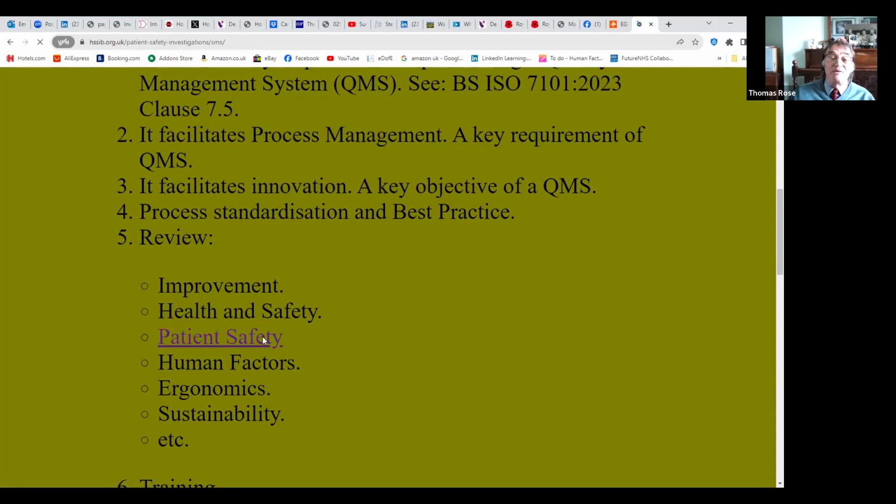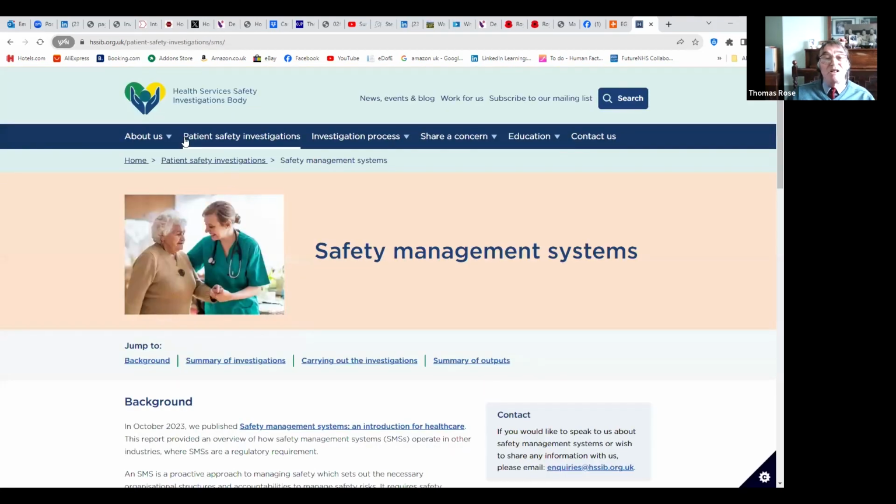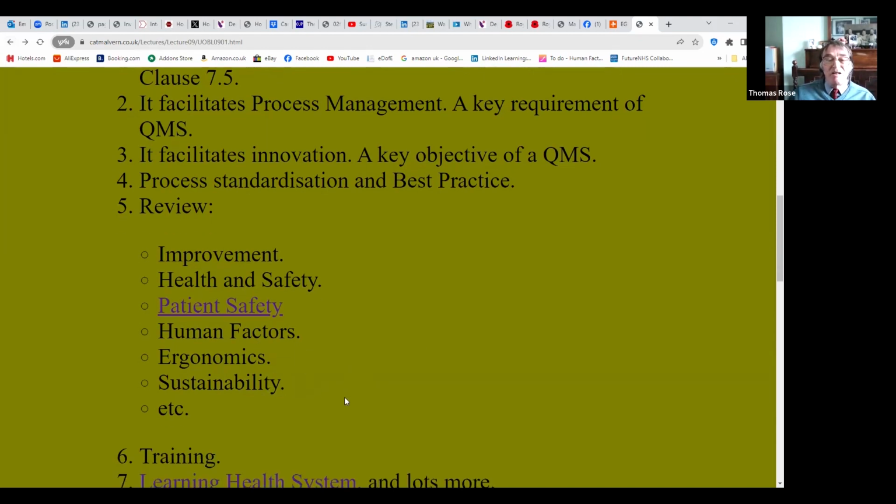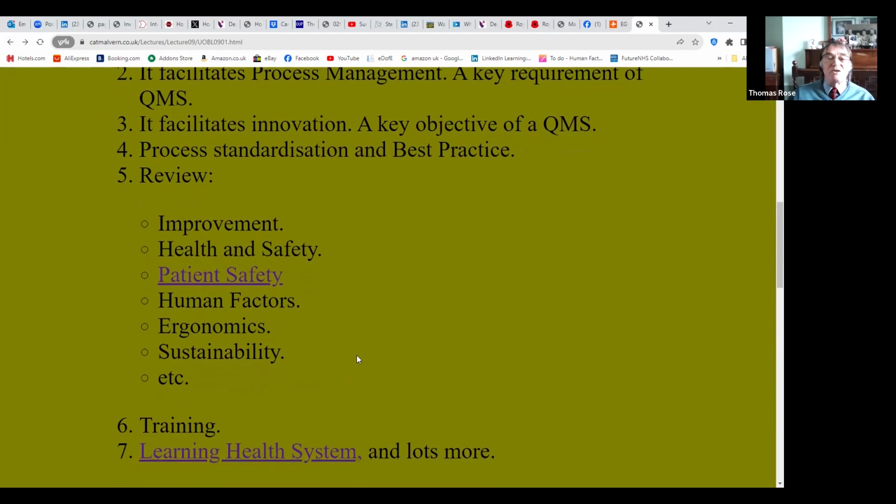And I've done a couple of links here that will take you into more documentation and more detail on patient management systems and other links for more detail. Human factors, ergonomics, sustainability, and there are lots more reasons why you should do desktop reviews of your process documentation.